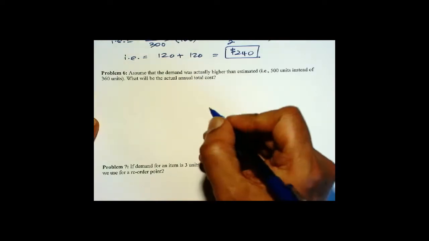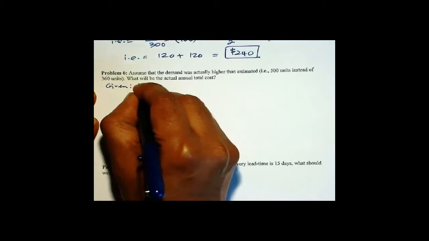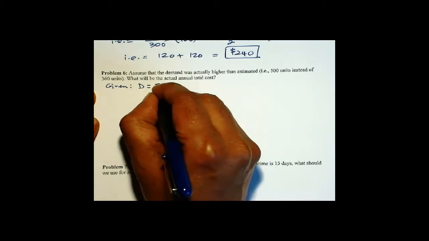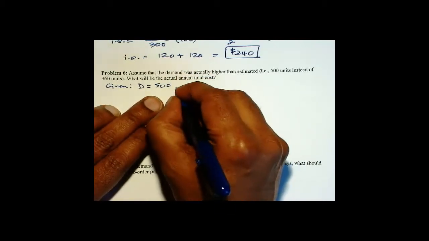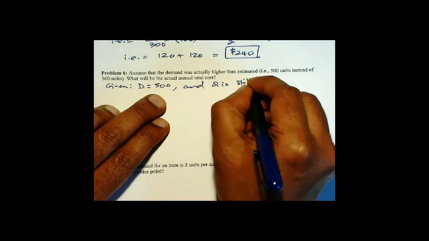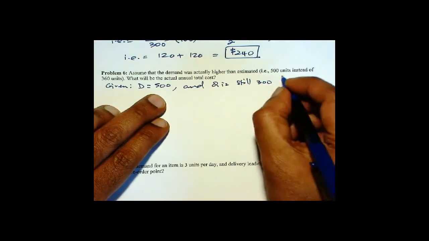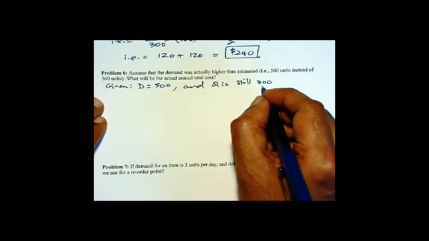So given D is now 500 and not 360 as we originally assumed, and Q is still 300. So we didn't know that it was going to be 500, so we were still ordering at the rate of 300.